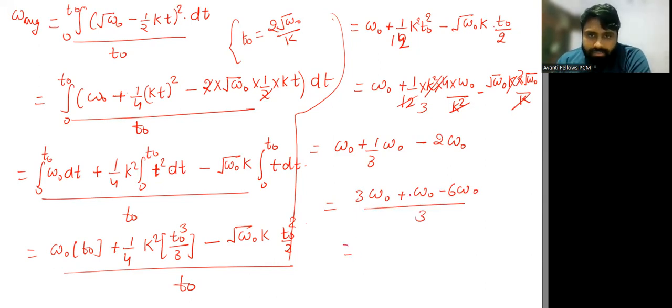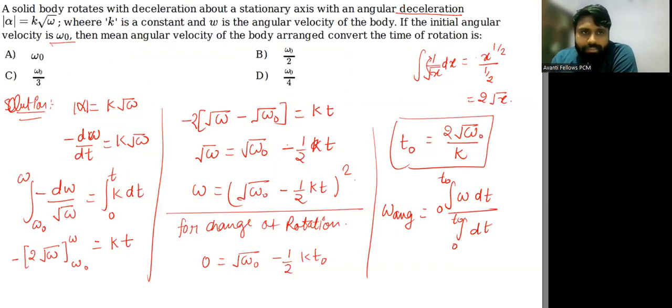So 3 omega naught plus omega naught will become 4 omega naught, and 4 omega naught minus 6 omega naught will become 2 omega naught by t, minus. So this is the average speed of this.